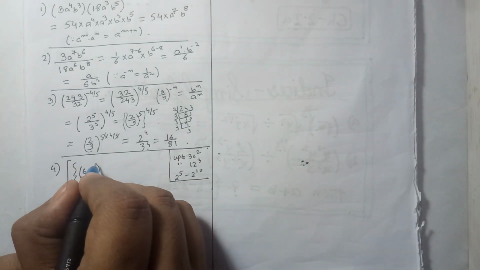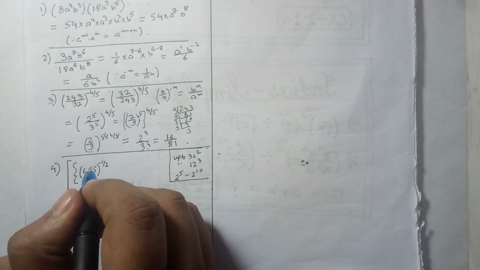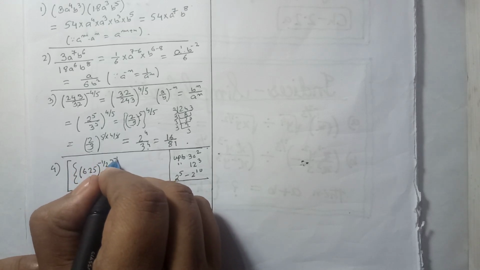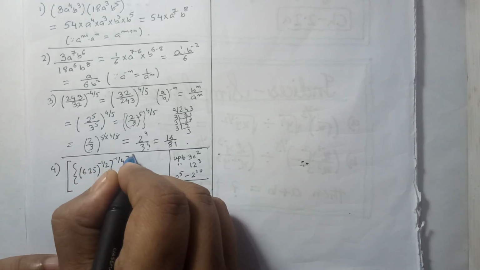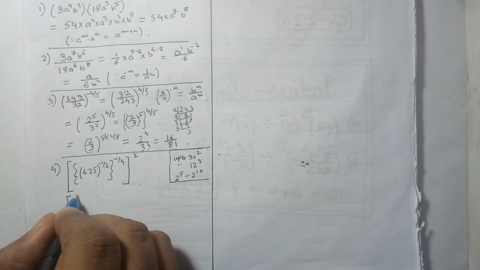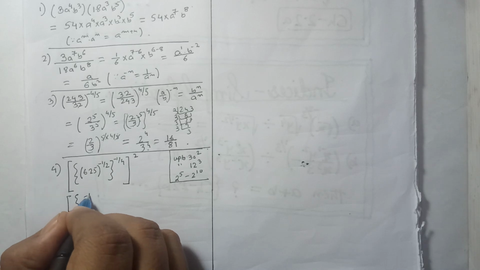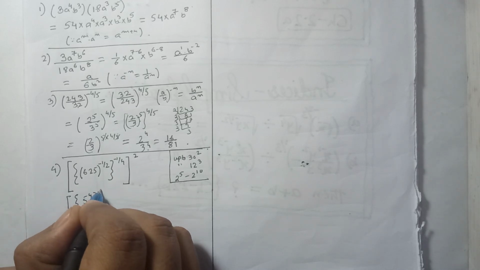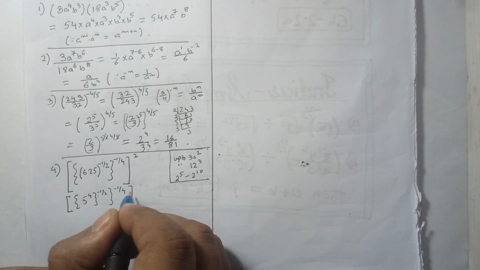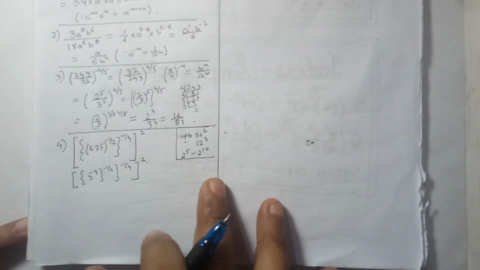so coming to the problem, minus half to the power of 1 minus 1 by 4 to the power whole square. Correct? So this is clearly 5 to the power of 4. So what will I do?